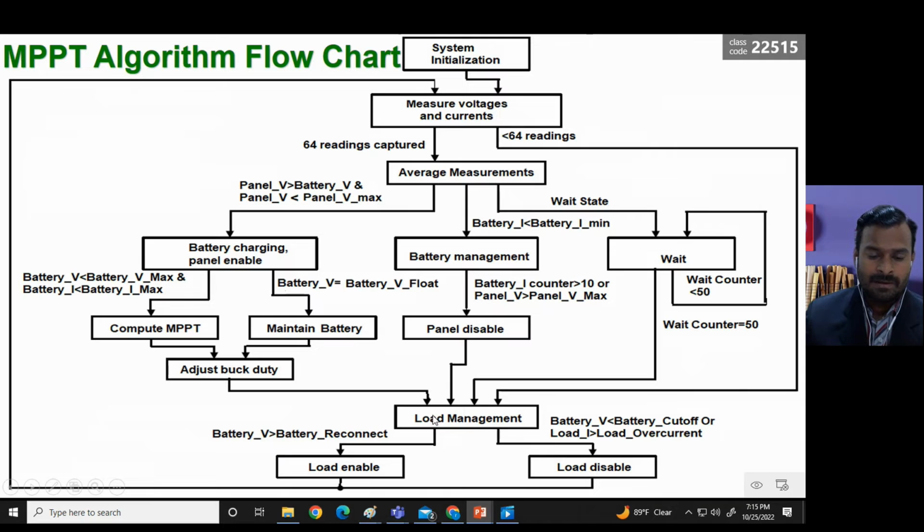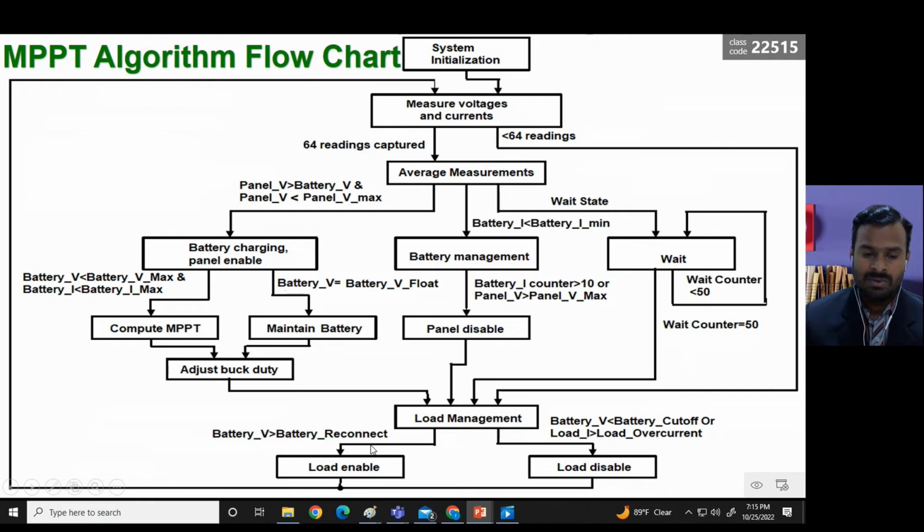Whether the load will be connected to the system or not depends upon battery voltage greater than battery reconnect. This means the battery should have at least this much value, and only then will it be connected to the load. If it is over drained, then the battery may die or will not work further. So we should have a minimum voltage level so that it can be connected to the load.